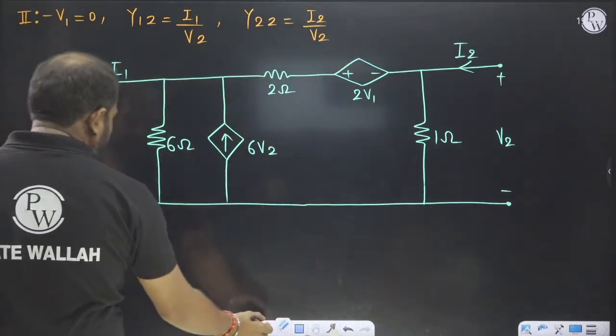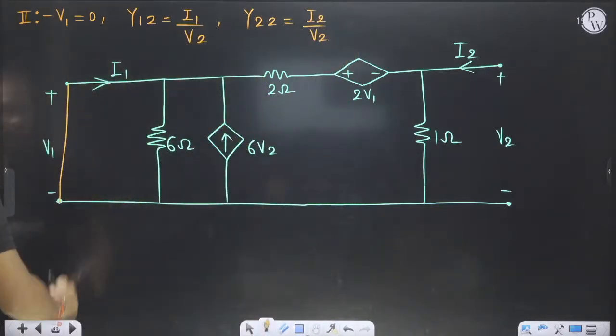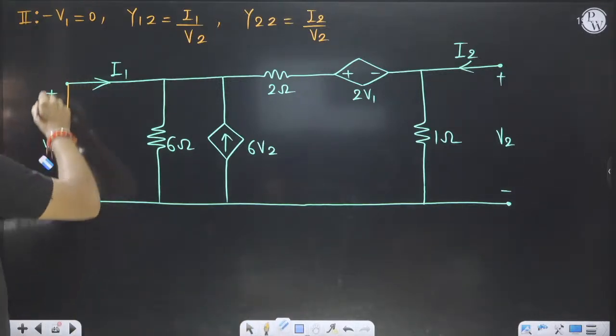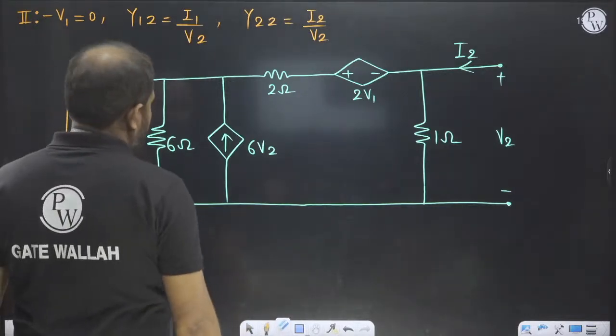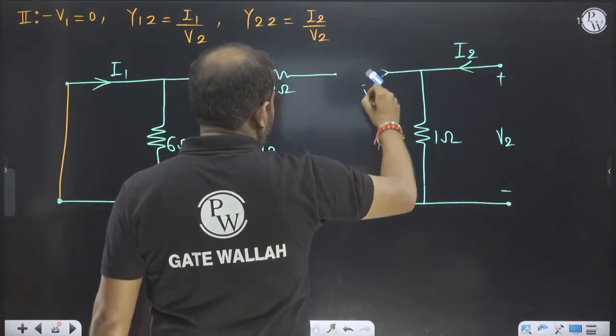So we have V1 equal to 0. This one is short circuit, and this one is short circuit.